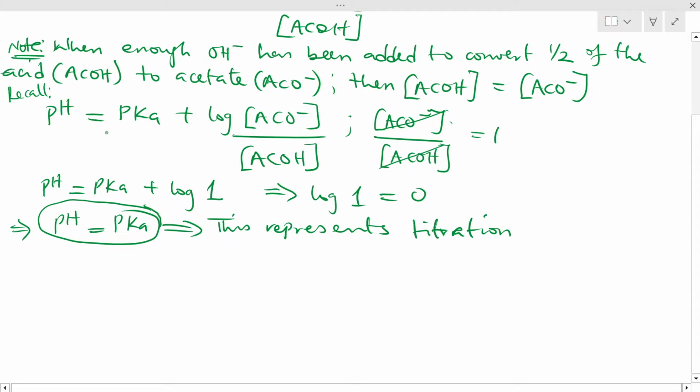Okay, so pH now is equal to pKa plus what? Log of ACO minus, that's your product, over your reactant. So we say, when enough hydrogen ion concentration, we do this in red for emphasis.